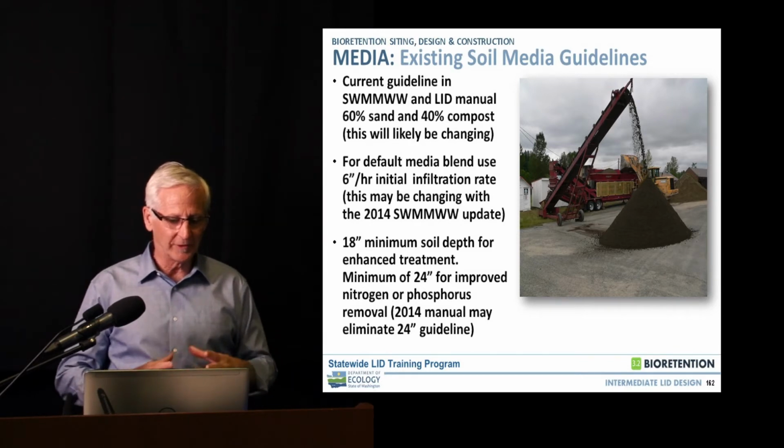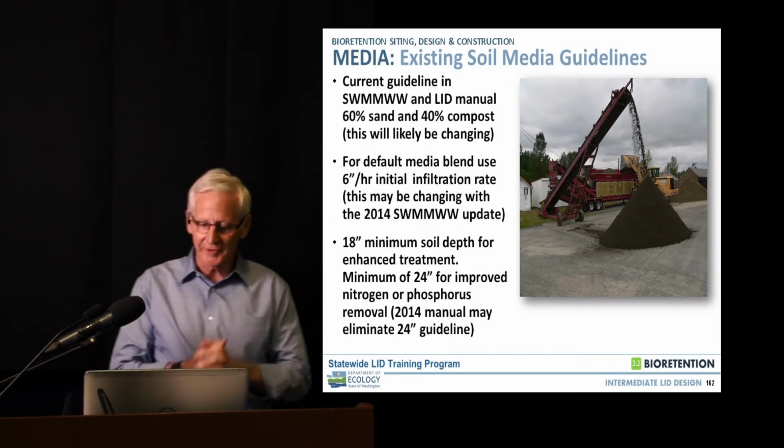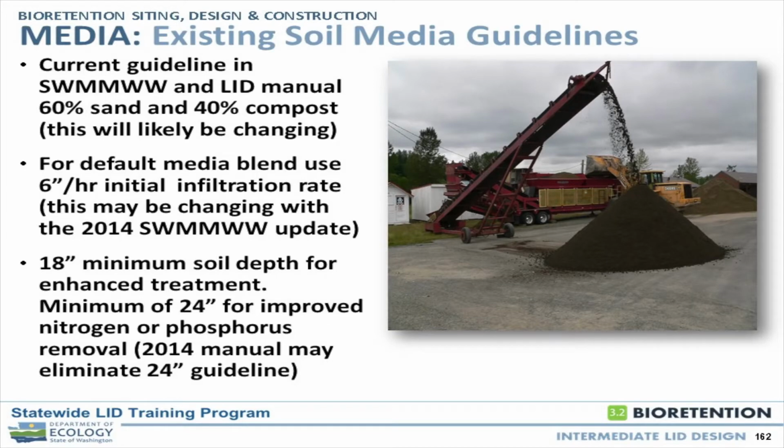So it used to be that if you use the default 60-40 mix, you use 6 inches per hour as your infiltration rate. It just recently changed. We successfully lobbied Ecology to change it. This is still part of the guidelines: 18-inch minimum soil depth for enhanced treatment. So if you use a media depth of 18 inches, you get to claim enhanced treatment.